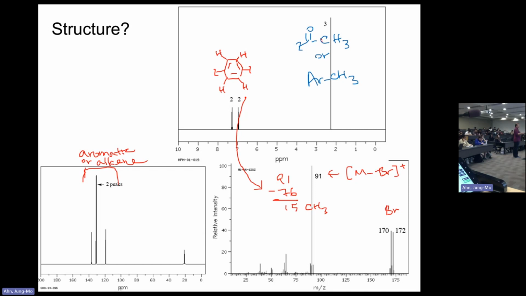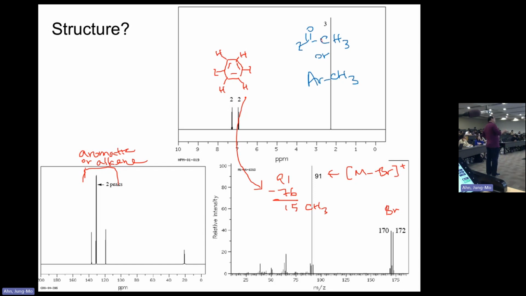We found the presence of bromine from the isotopic peak, and then we found the presence of a para-disubstituted benzene from this signal. When we found the pieces, we kept subtracting them out to figure out what else we need to find. And basically there's just one methyl group left over. That methyl group should be this one.